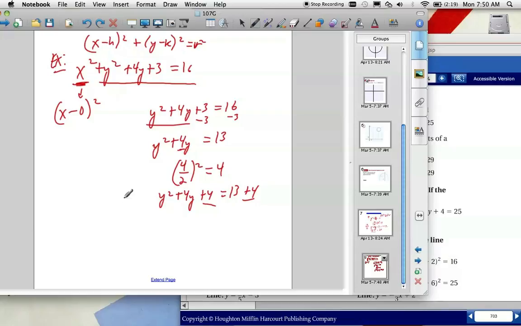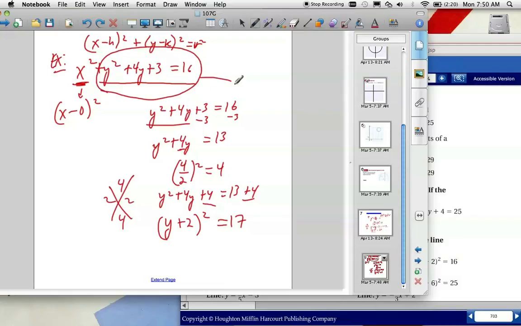So now again, you look at this and ask, how do I find what adds to 4 and multiplies to 4? That's 2 and 2. So y plus 2 squared, because I don't want to write this twice, equals 17. So all we've done is rewrite this part, which plays much nicer back into the original problem.